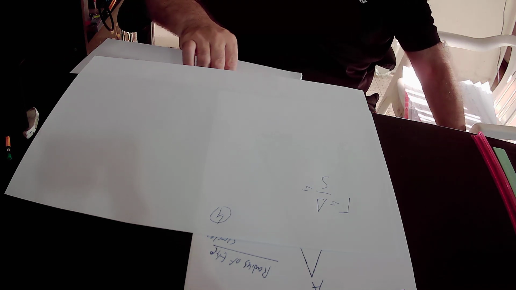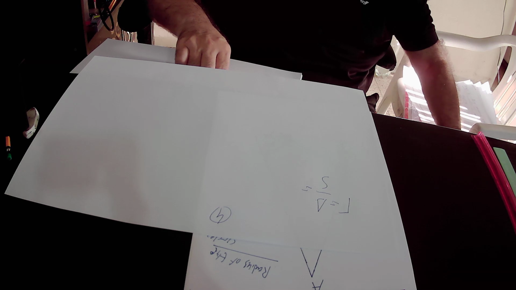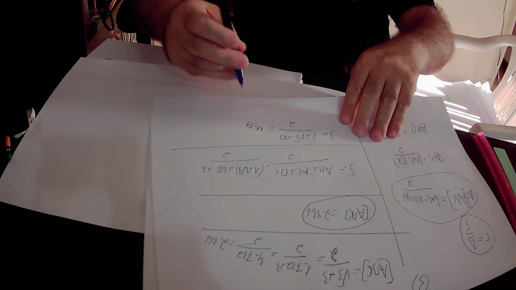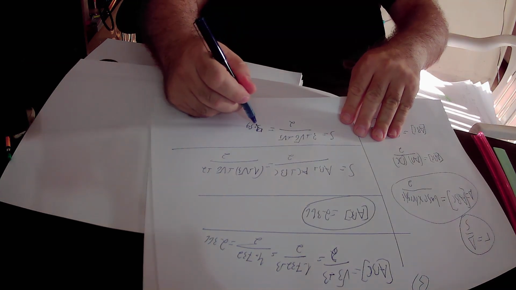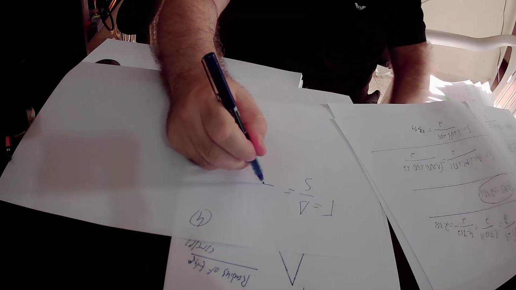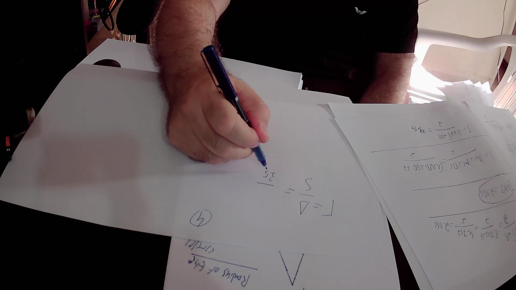So the semi-perimeter of triangle ABC equals 3.59. Here the semi-perimeter equals 3.59.